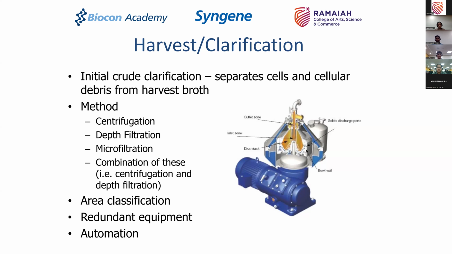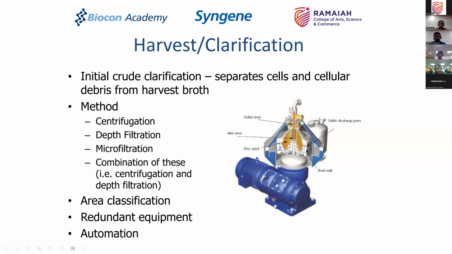Centrifugation is the process that I'm showing you there. It's generally a disc stack centrifuge where the solid and the liquid get separated. You send the liquid into the centrifuge through one of the inlet nozzles here. Then it goes into the disc stack, which is rotating at a very high speed.